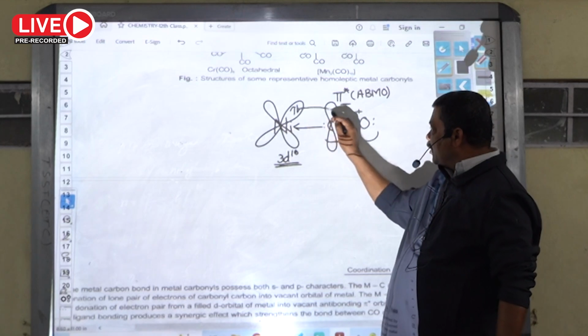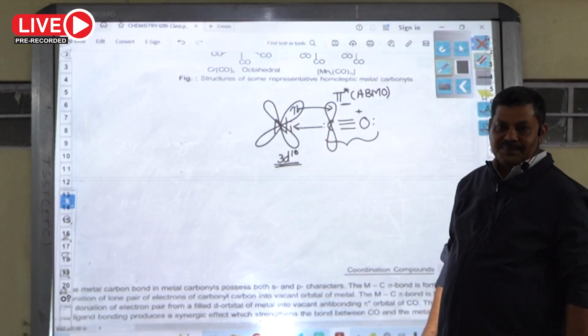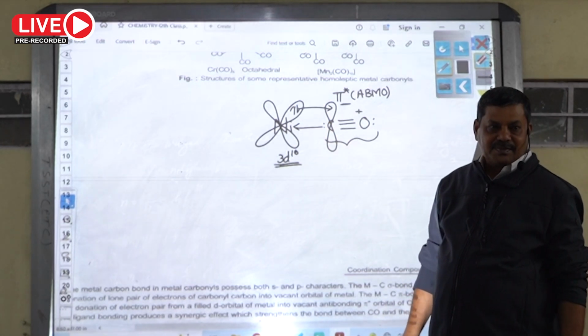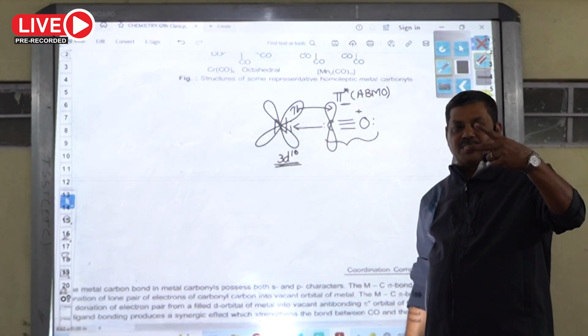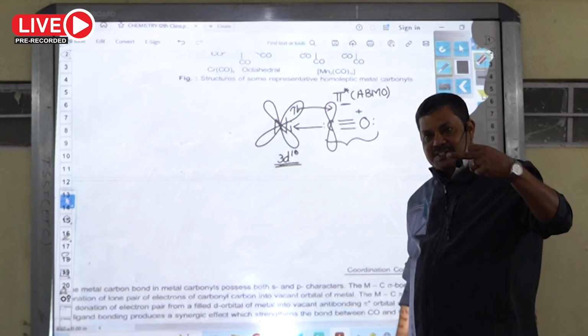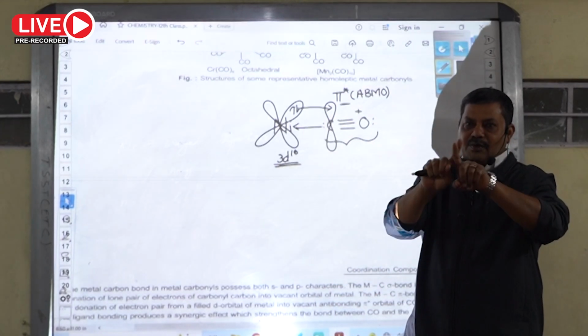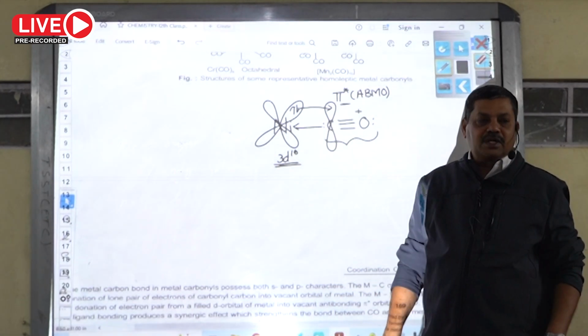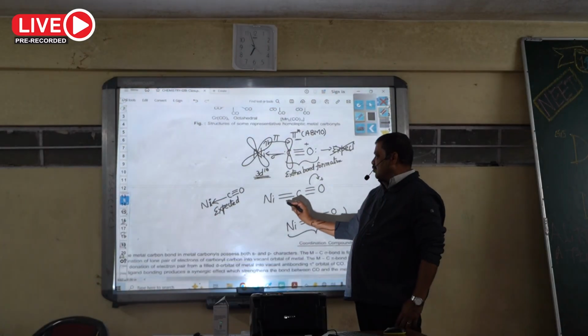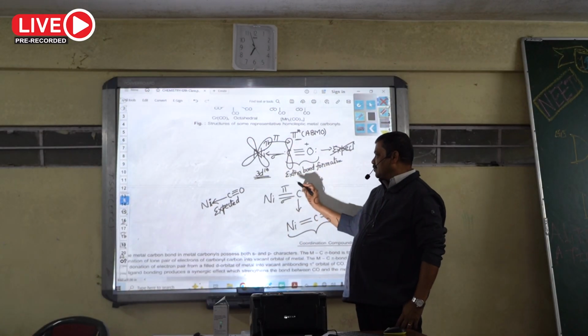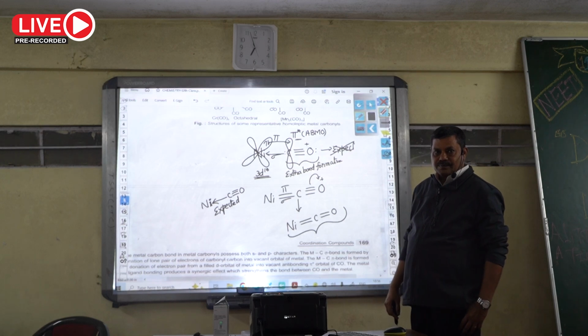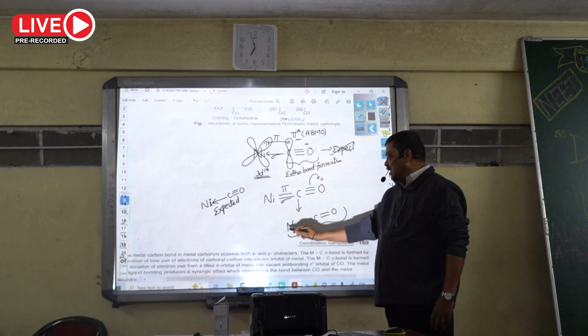In return, I will donate an electron pair to you. So here two bonds are formed. In one direction, a sigma bond. In the reverse direction, lateral overlap. One sigma and one pi bond. So this is the scenario.